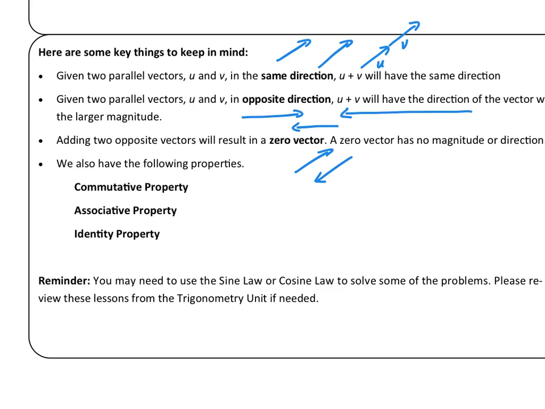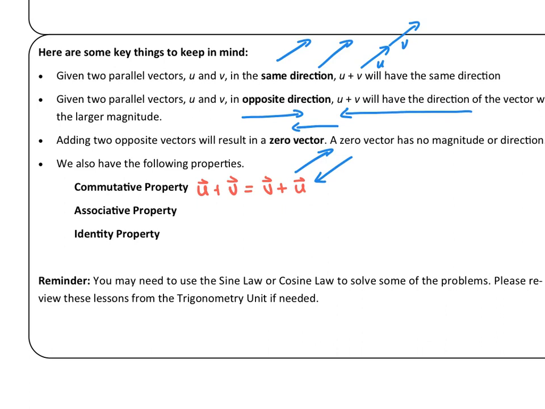There's also a couple properties that I want you guys to be aware of. The commutative property just says that u plus v is the same as v plus u. So it doesn't really matter which vector you start with. As long as you put them head to tail, you're going to get the same answer no matter which way they're oriented.